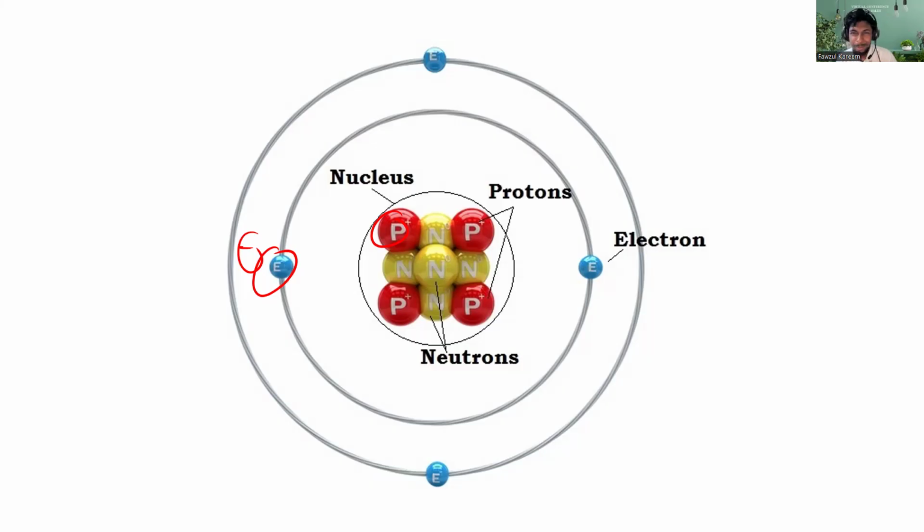The electrons rotate fast around the nucleus, so the electrons and the protons will never attract each other because they rotate very fast. So you may have a doubt: how is it possible? If we rotate anything very fast, it will never attract, whether that is correct or wrong. Okay, we'll check.